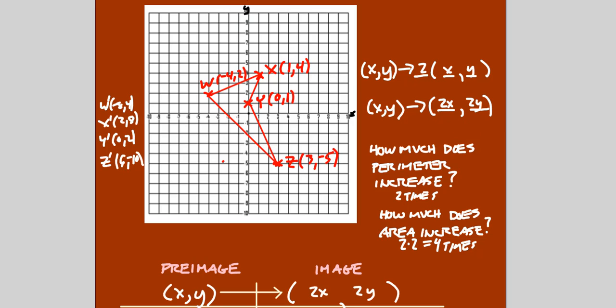Okay, so let's do this. W prime is negative 8, 4. X prime is 2, 8. Y prime is 0, 2. And Z prime is 6, negative 10. Alright, so now we connect the points.